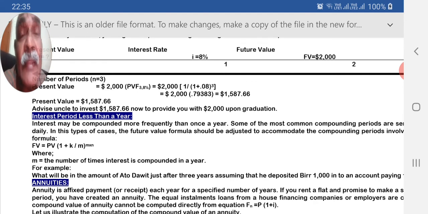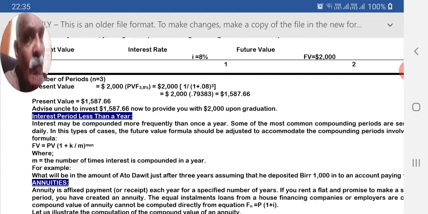If semi-annually, m is equal to 2. Quarterly, m is equal to 4. Monthly, m is equal to 12. Daily, m is equal to 365. Clear? So future value is present value multiplied by 1 plus k or I divided by m, bracket to the power m into n.